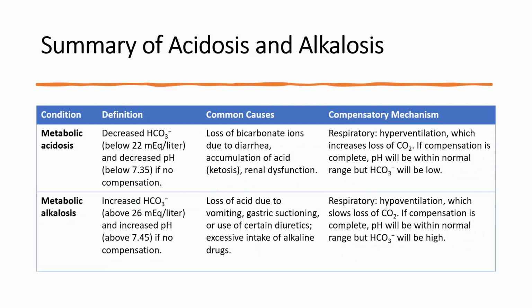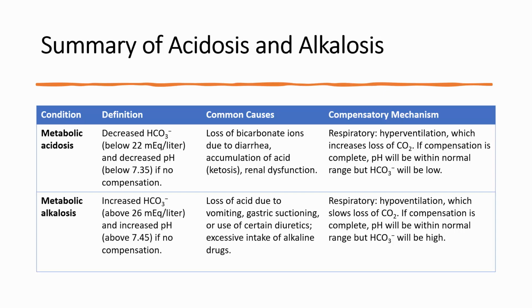Metabolic acidosis, we have decreased bicarbonate, which is going to be below 22 milliequivalents per liter. And again, the normal range is between 22 to 26 milliequivalents per liter for bicarbonate ion, and decreased pH below 7.35 if there's no compensation.